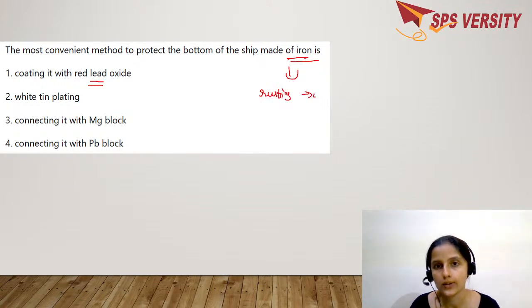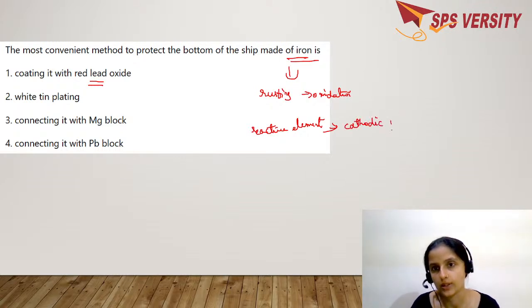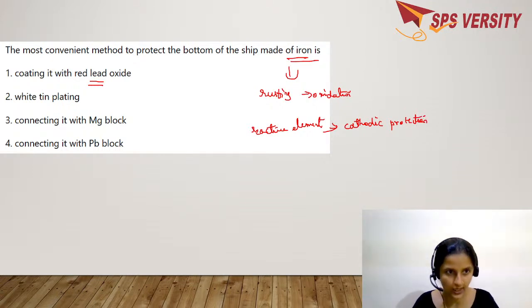because iron undergoes oxidation. Now you have to stop iron from getting oxidized. So you have to coat it with an element that is more reactive than iron, so that iron is made the cathode and cathodic protection is done. That way you can prevent iron from getting oxidized.